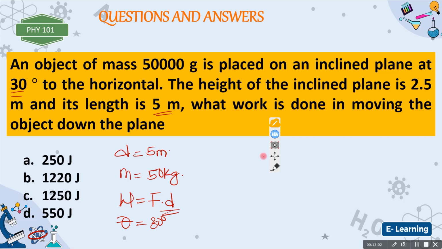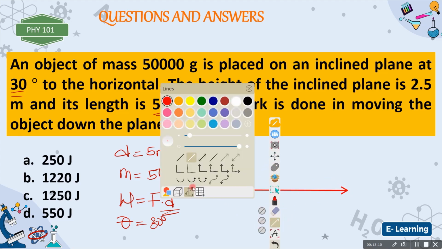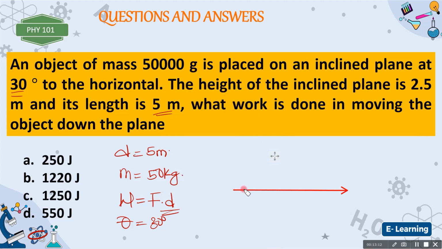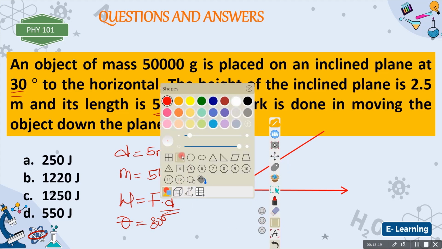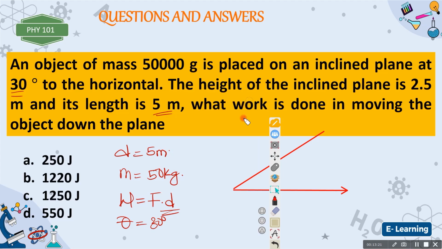Now, that force, according to what we said, if you have something like this, we've drawn something like this initially. Let us assume this is the inclined plane, and then we have something like this as the object placed on the inclined plane, right?